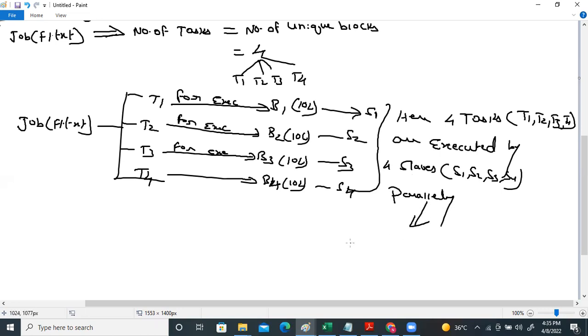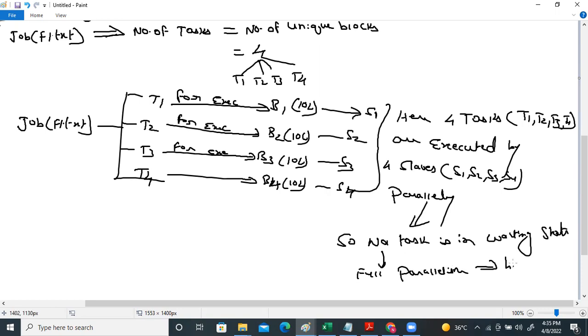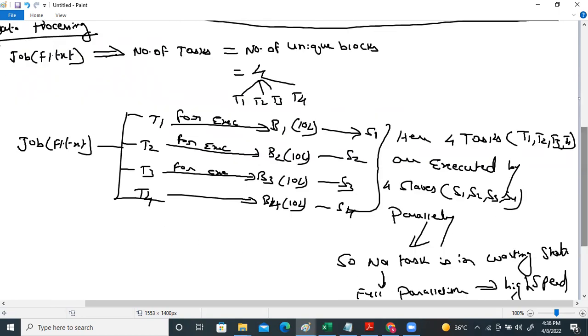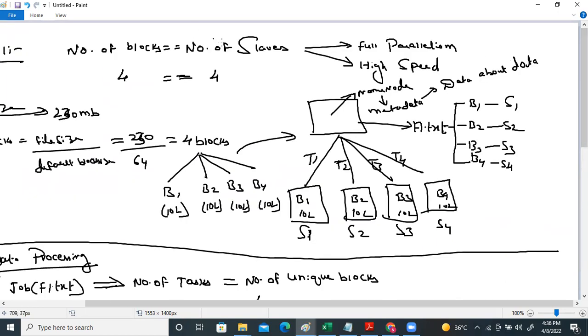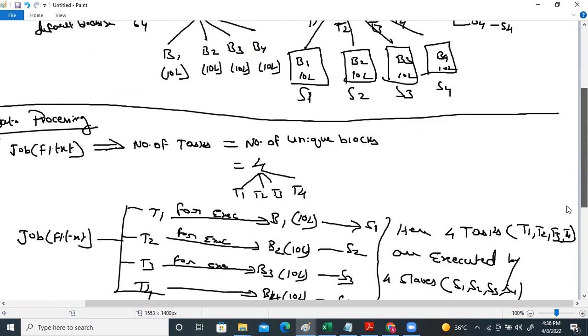So no task is in the waiting state. Full parallelism, right? You can see high speed here. This is case 1: if the number of blocks is equal to the number of slaves, in that case you are going to achieve high speed.